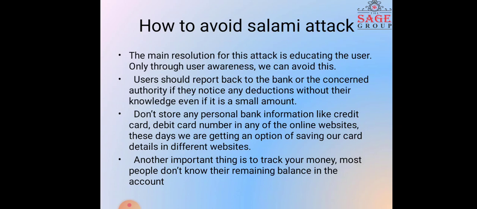Also, one important thing is to keep track of your money. Most people don't know the remaining balance in their account. We don't know how much amount is there in our bank. So you should keep an eye on your account and the amount you have, so that if you find anything wrong, you can take action against it.